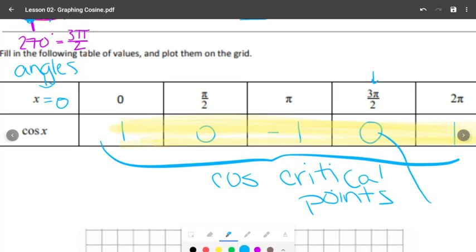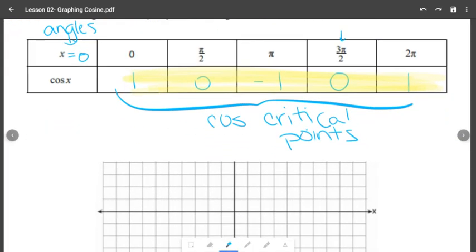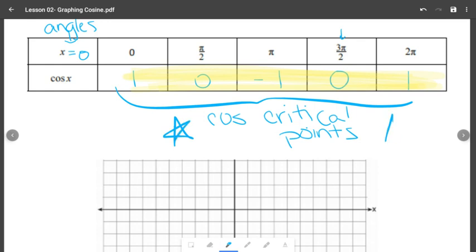Cosine's critical points are 1, 0, negative 1, 0, and 1. We are going to be using these critical points every time we graph, so make sure that you do know them. Sine and cosine each have their own set of critical points.